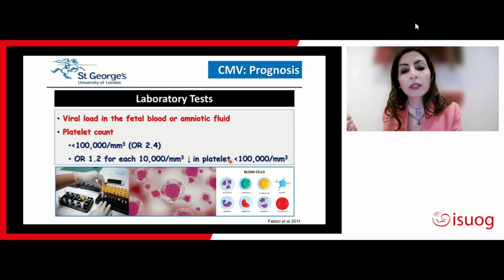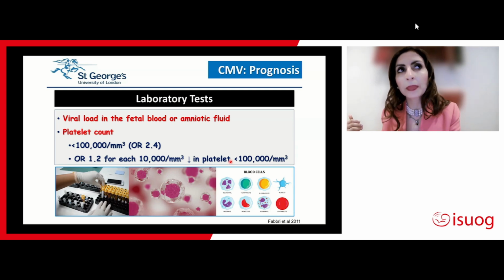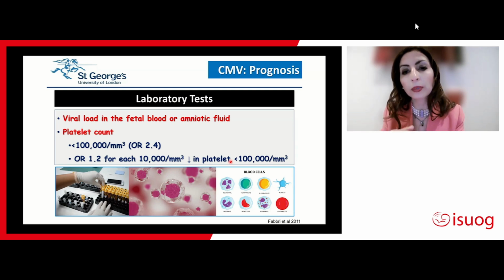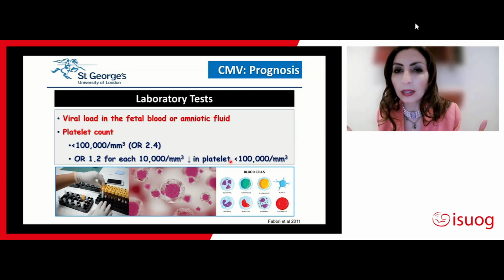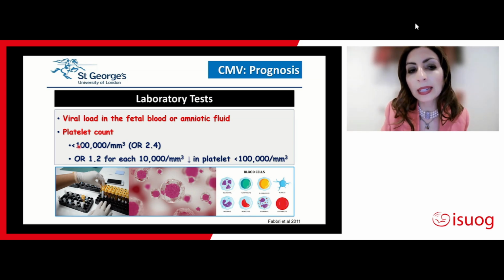But be careful, because the virus is excreted in amniotic fluid, and therefore it might not be that specific. So, for example, if you have brain abnormalities, it's questionable whether it's essential to do a fetal blood sample if you already have brain abnormalities associated with poor prognosis. Another thing is the platelet count.